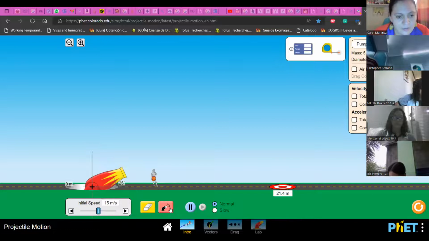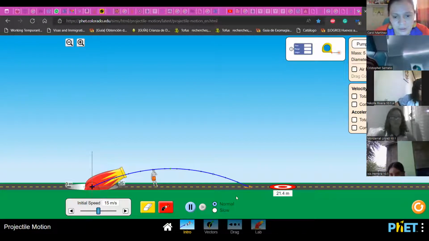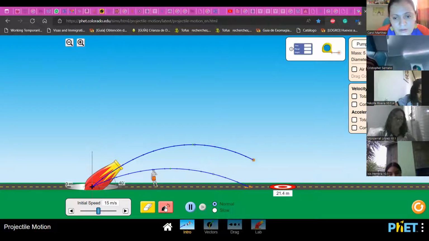So this is going to show you how these projectiles are moving throughout the entire trajectory. I can move the angle, and you can see. Oh, I hit the target. Look, I'm cool. I hit the target. Yay! Well, I wasn't trying. I was just showing you, but in the end, I kind of did it.